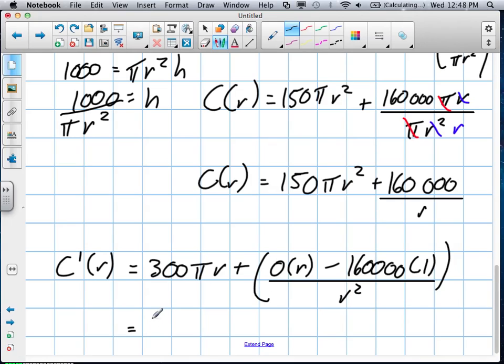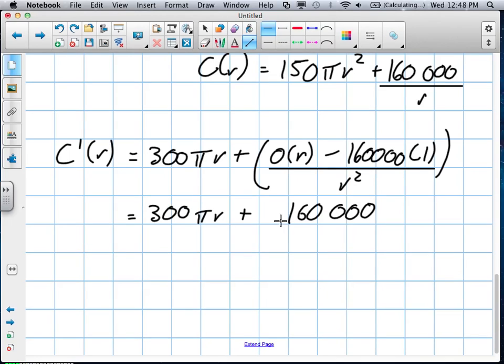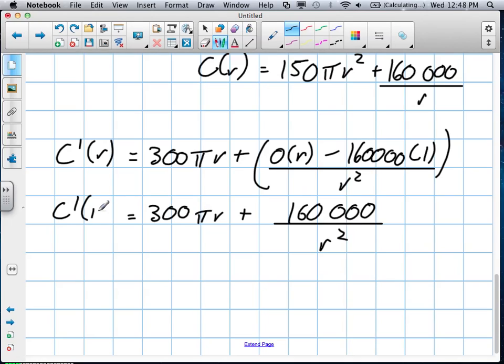Well, the top of this will equate to 300 pi r plus, this is 0, subtract 160,000 over r squared. So this is now the derivative of that, and we now have our C prime r.